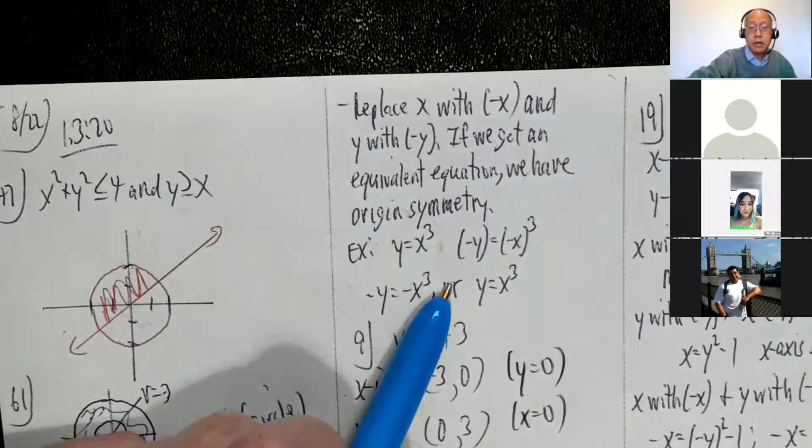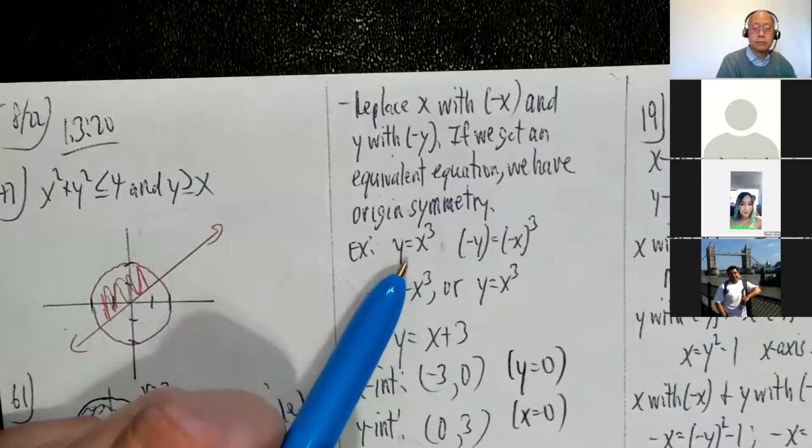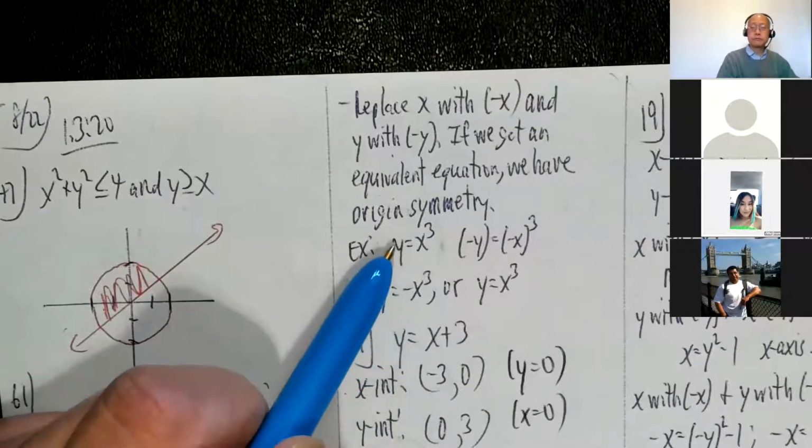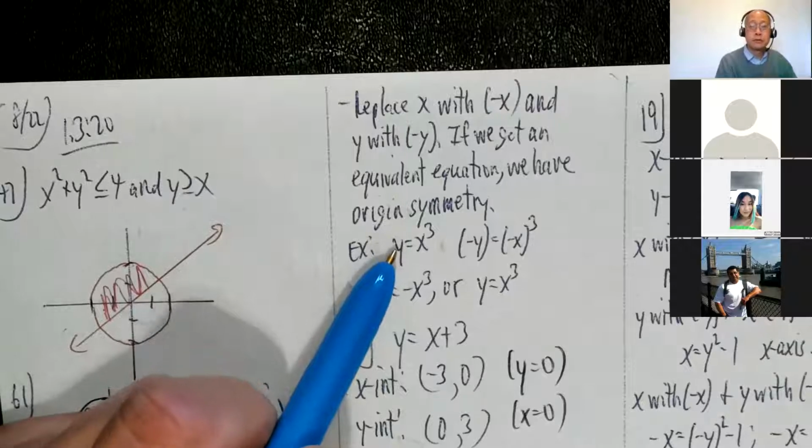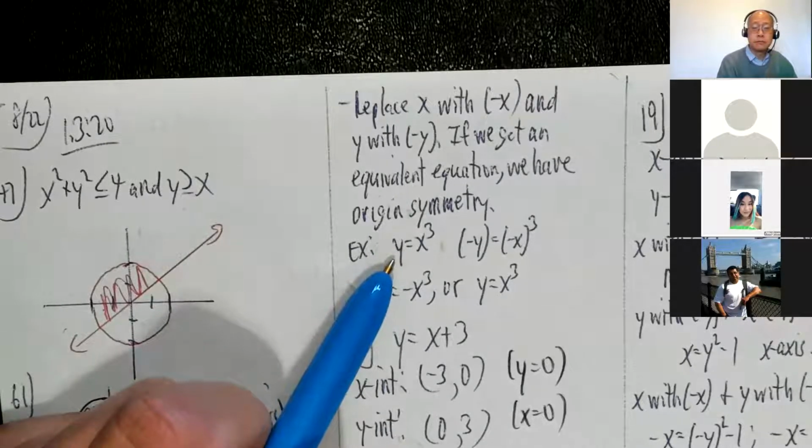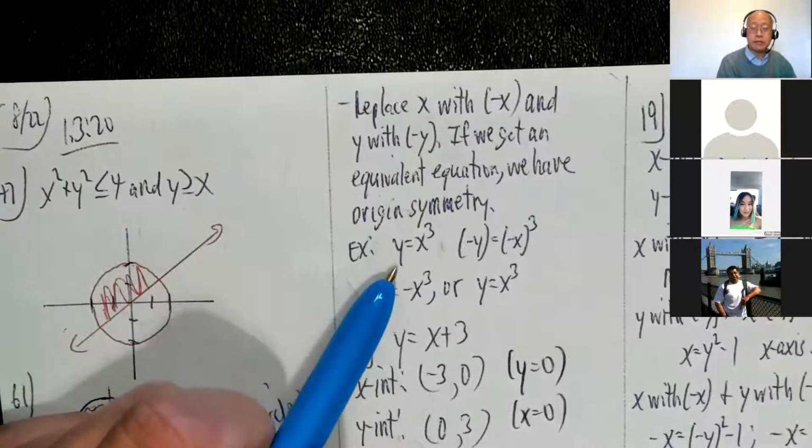I have a question. I noticed that we got an even and odd function. So does it mean that an odd function is always symmetric with respect to the origin, versus even functions? Yes, we'll get to that later. That's a good point.